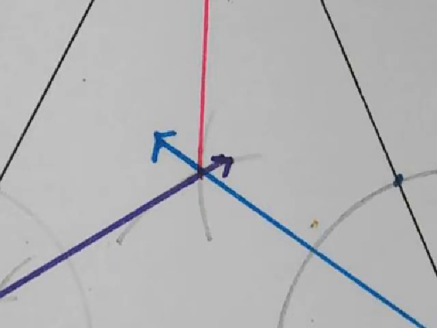Still working on it, kid? What's that? Ooh, I like that. Precise. Good job.